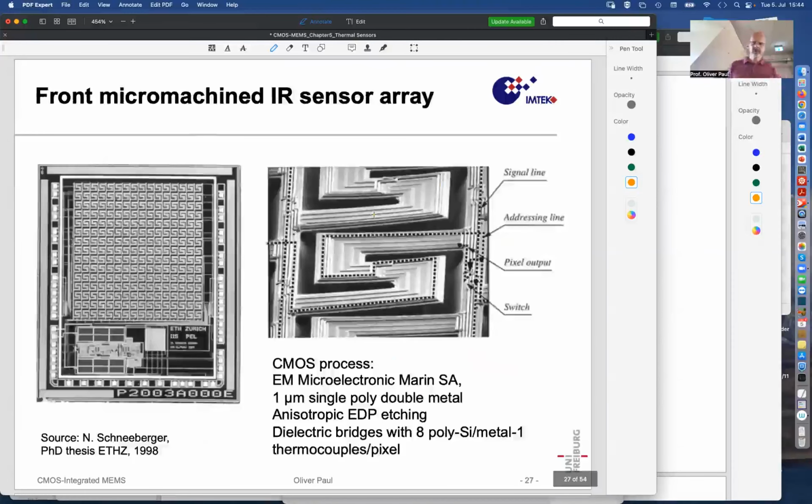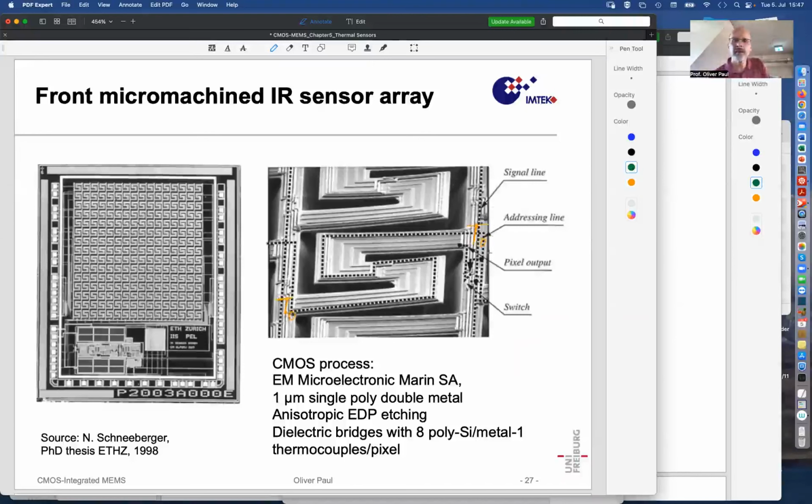Yeah, so to finish, let me just show you an example of a thermoelectric detector of the array type that has been produced again by Nikolaus Schneeberger, whose PhD thesis that was, a 16 by 16 detector array. What you see are little detector elements, S-shaped detector elements that are suspended between one side at T0 and another side at T0.